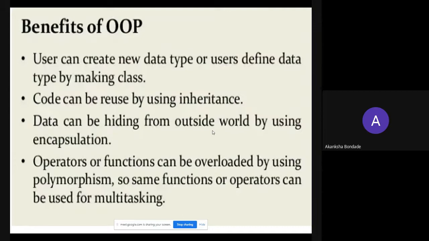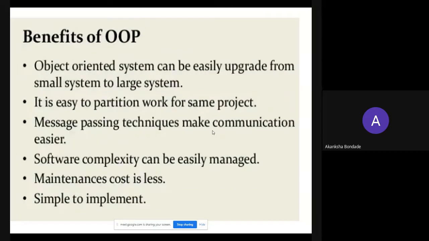Then operators or functions can be overloaded by using polymorphism, so that functions or operators can be used for multitasking. Next, an object-oriented system can be easily upgraded from a small system to a large system. Here, if we integrate the modules, we make the program.